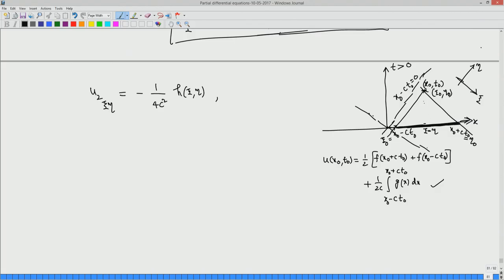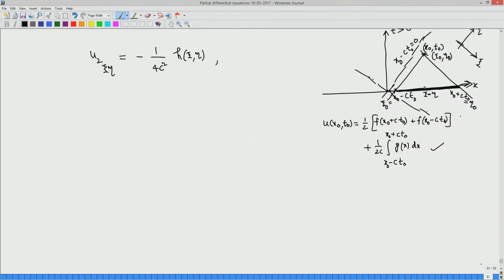This is the domain you consider as delta, over which you are going to integrate to get the solution. You will see how we do this. We are going to integrate over this domain in the ξ, η variables. If you redraw this picture, this is the triangle over which you want to integrate.